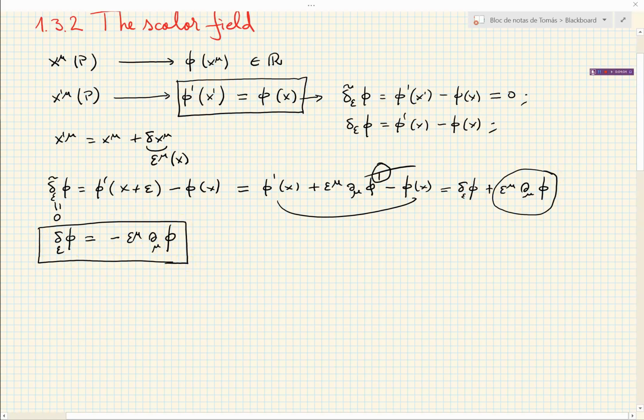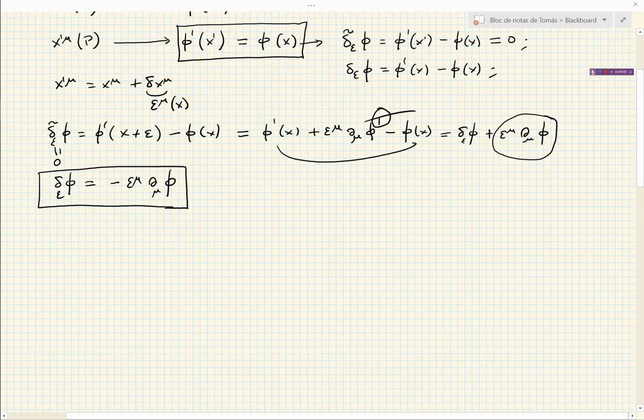Now let's focus on Poincaré transformations, infinitesimal Poincaré transformations. These are given by these infinitesimal functions. So they are α^μ, the translation, plus σ^μ_ν x^ν, where this is an infinitesimal antisymmetric matrix. It is antisymmetric with the two indices down.